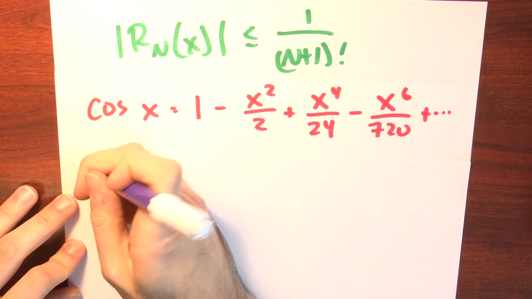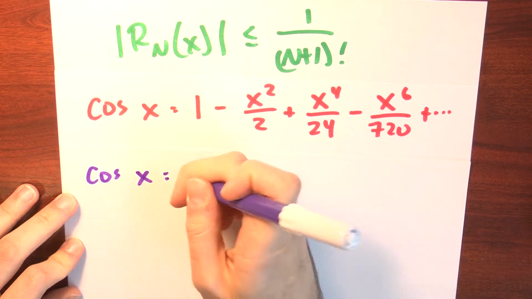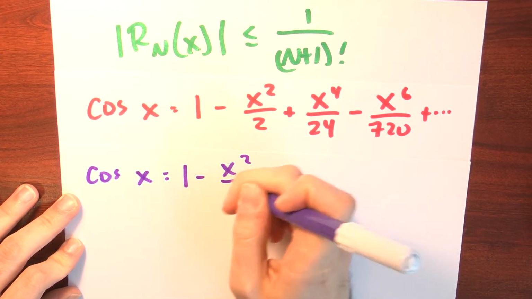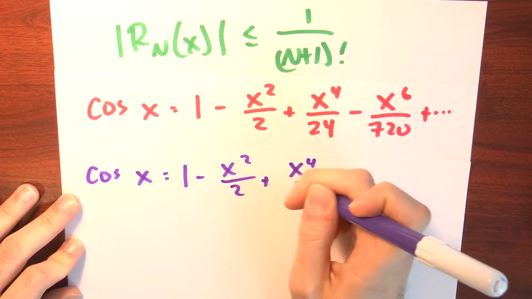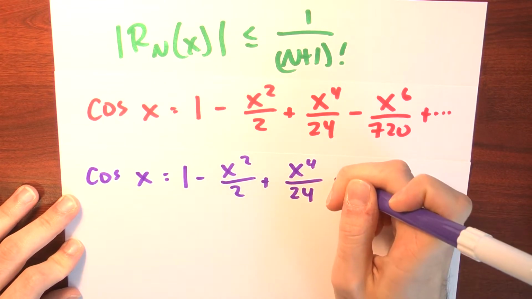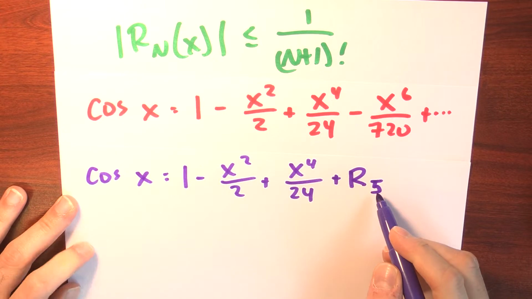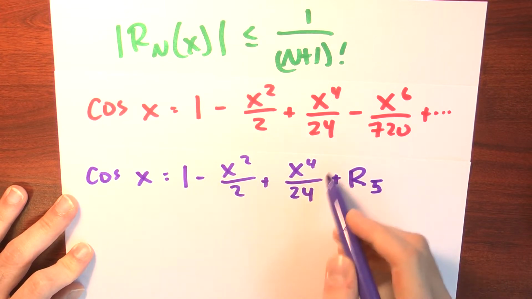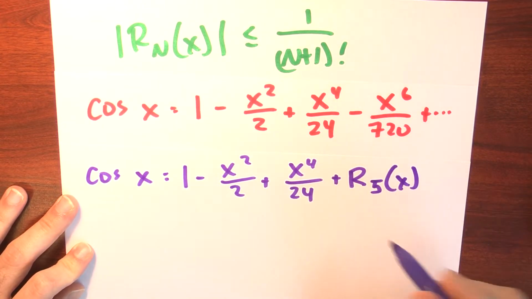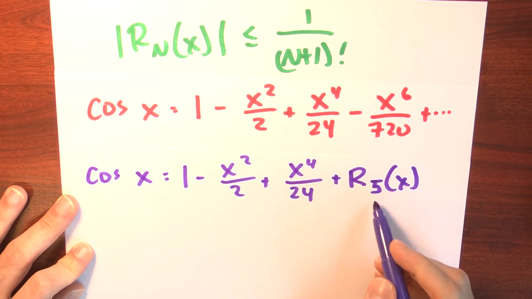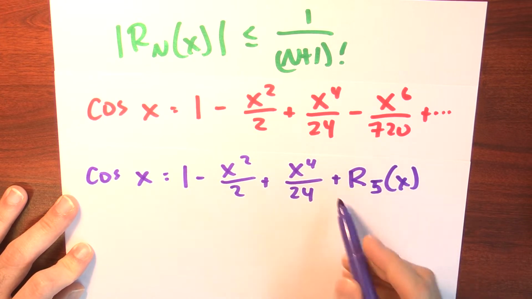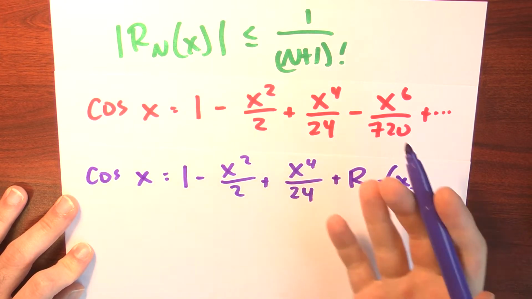Okay, so what we've got is that cosine of x is 1 minus x squared over 2 plus x to the 4th over 24 plus a remainder term where I'm imagining that I'm summing through the non-existent x to the 5th term, right? So I can get away with using this remainder term as if I'm summing through the x to the 5th term because there is no x to the 5th term.